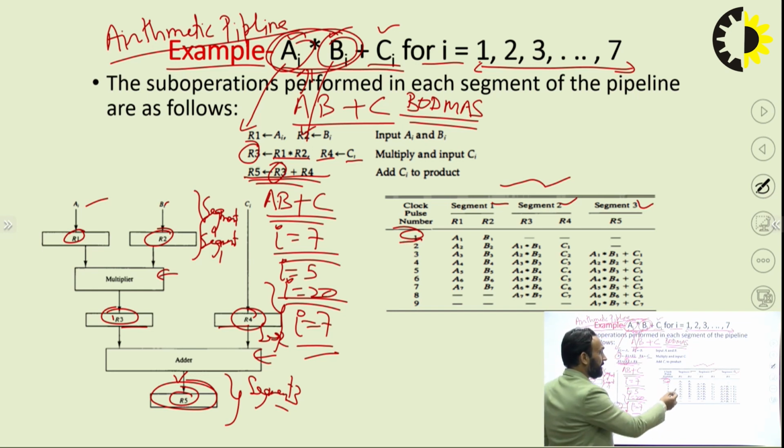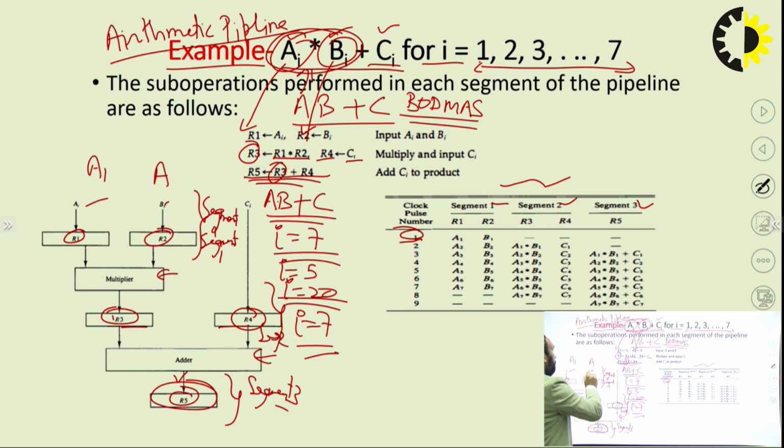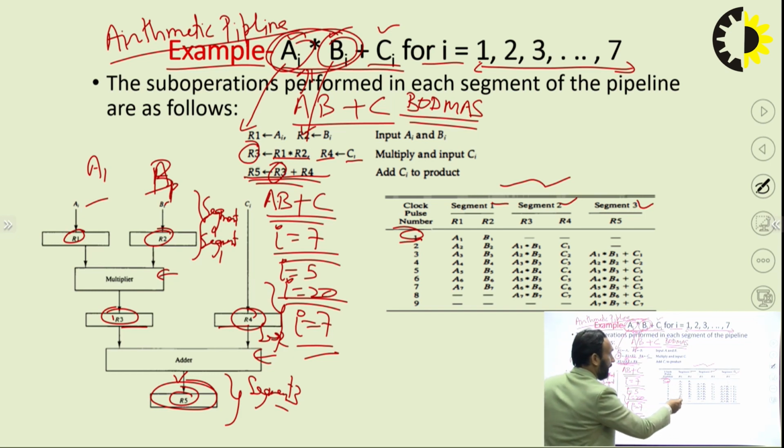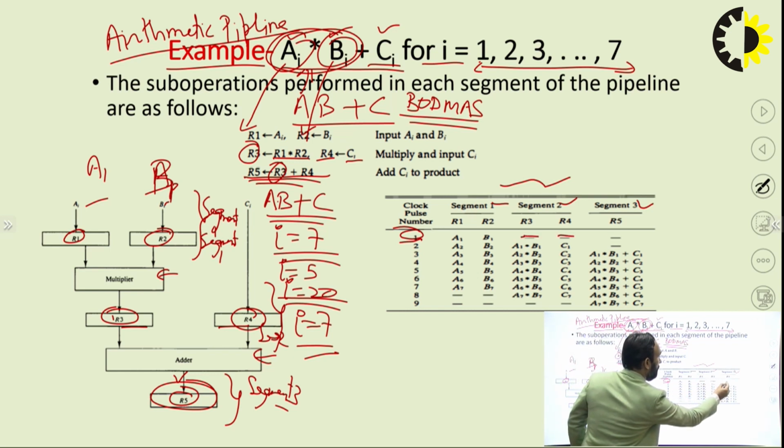At 1 unit time, the first input of R1 will be A1 and the input of R2 will be B1. The other segments are in an idle condition, because they have no input from the previous stage, so we mark them as a dash or blank.